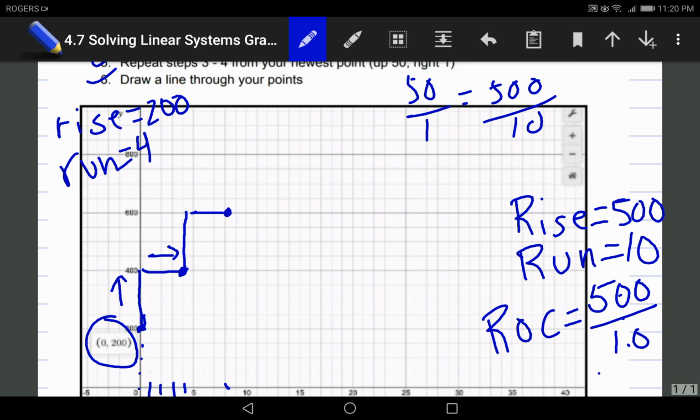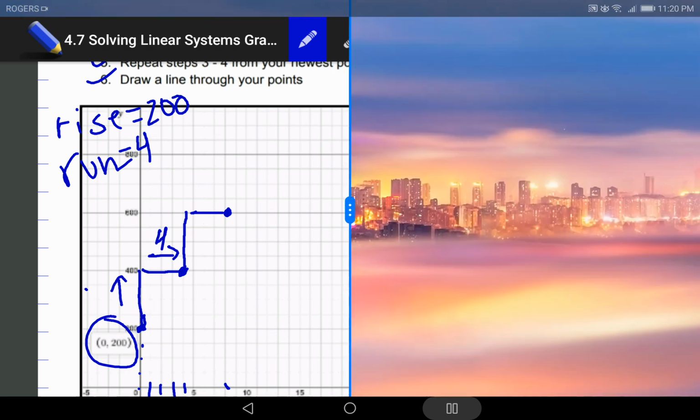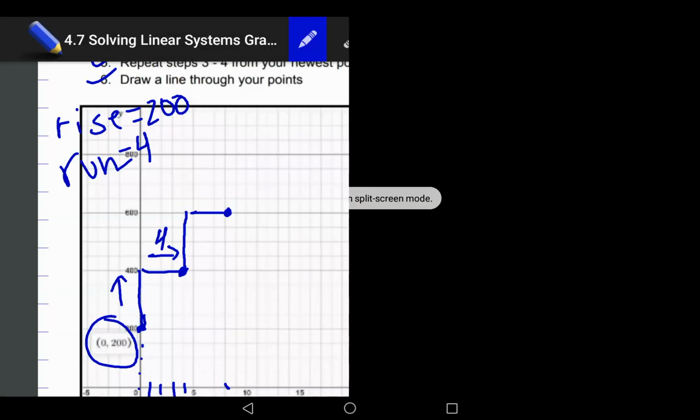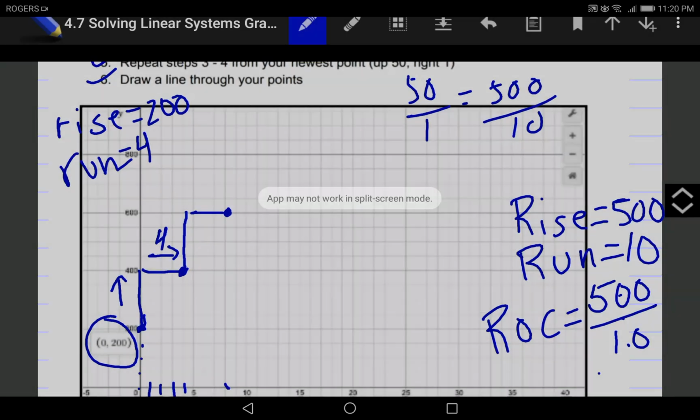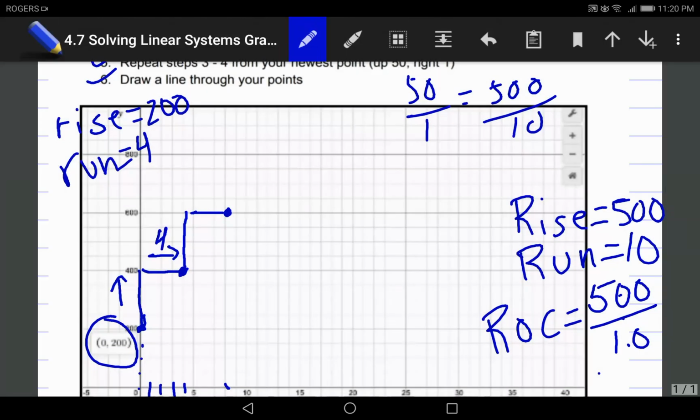Okay, so we keep going. Sorry about that. So we keep going up 200, right 4, up 200, right 4, up 200, right 4. And then you can draw your line. You can see that staircase.